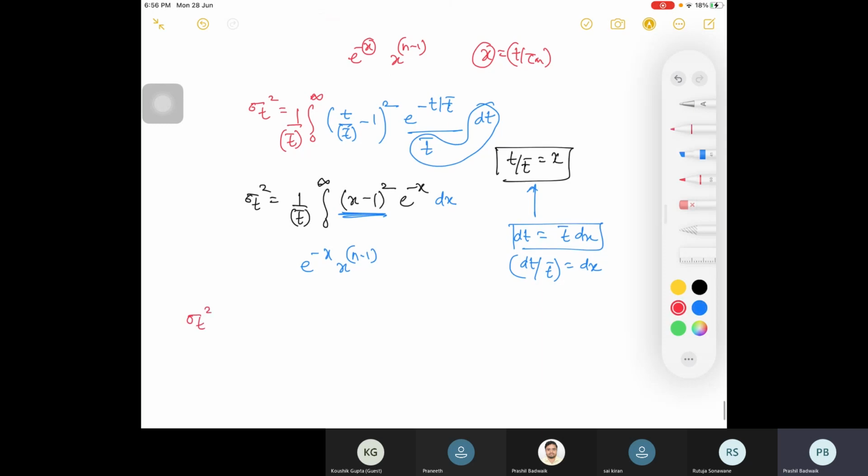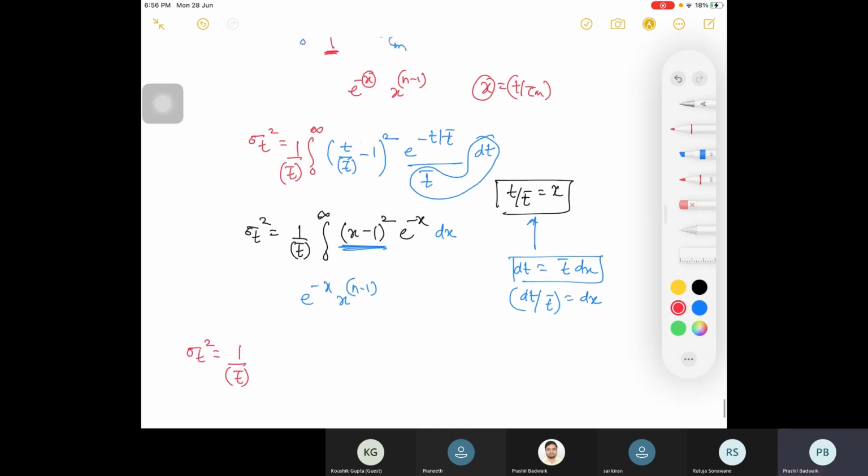You will be having sigma t square, 1 by t mean. Okay, we'll solve. So this is your equation.